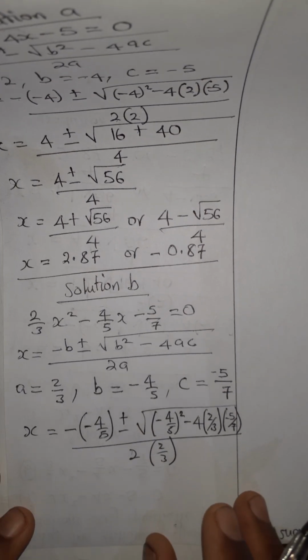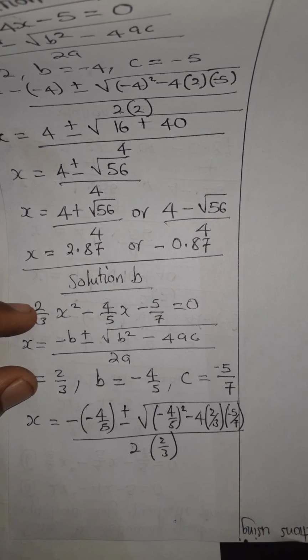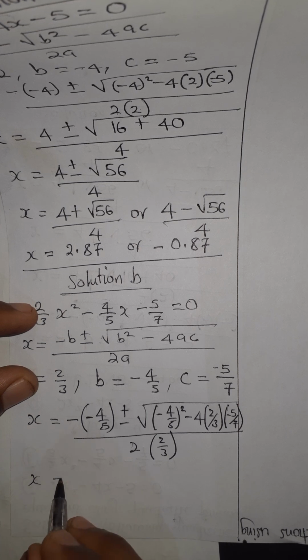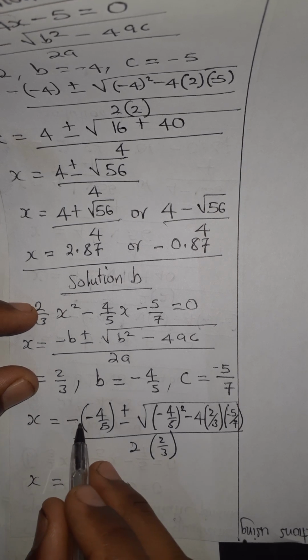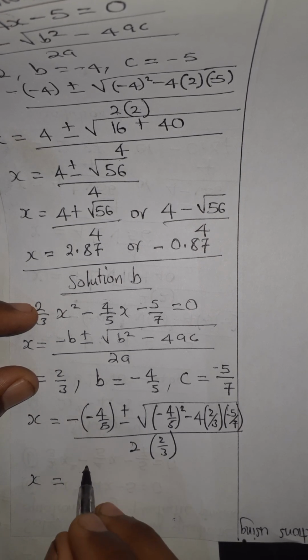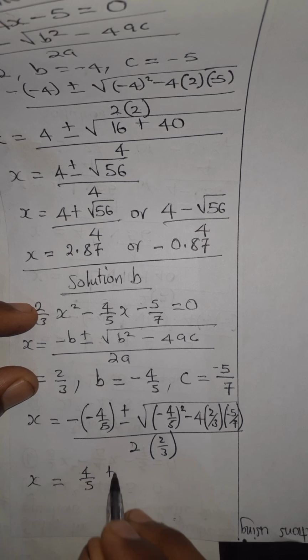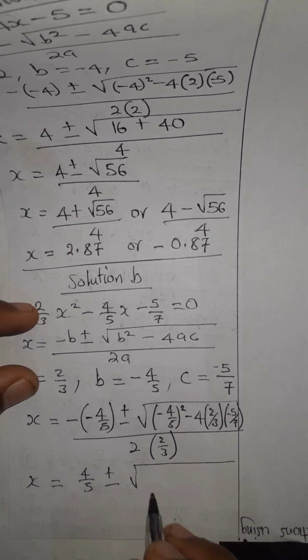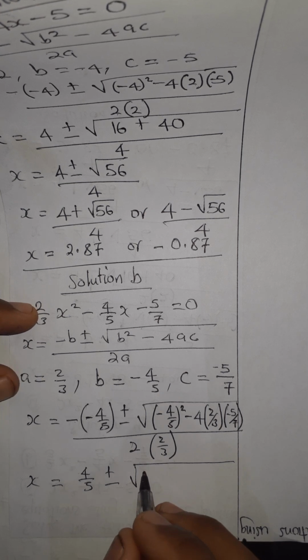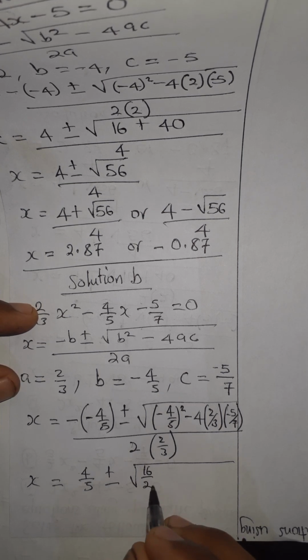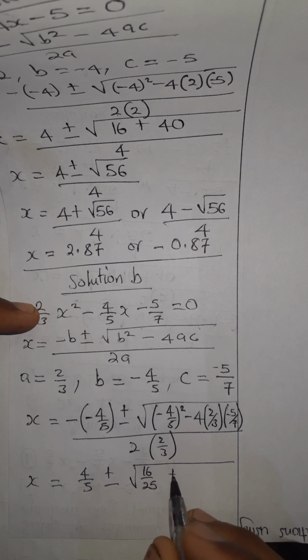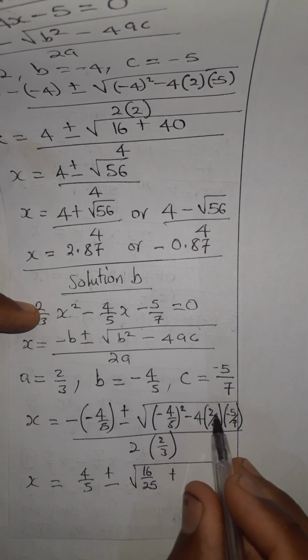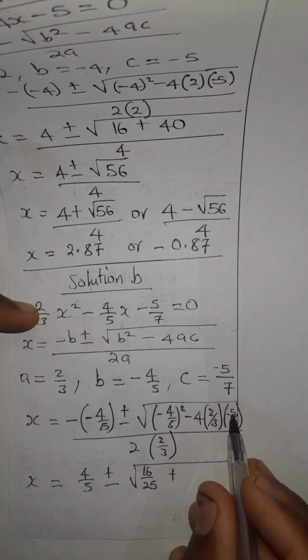After that, we say x is equal to positive, negative times negative is positive 4 over 5, positive or negative square root. This one is 16 over 25 plus negative 4 times 4 times negative 5.